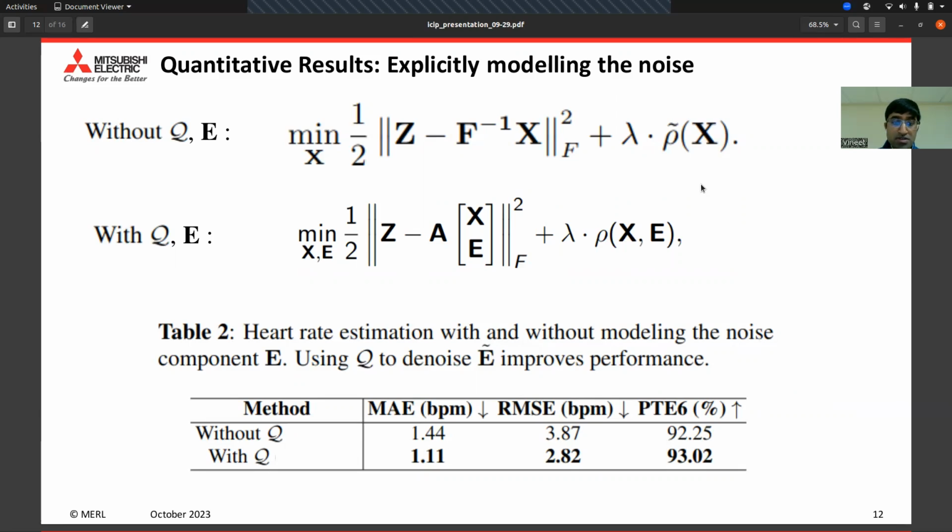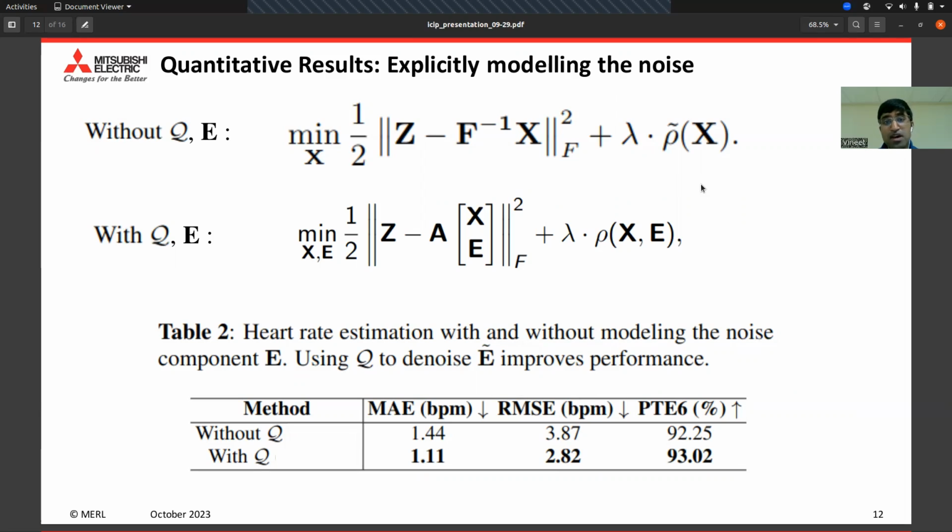Table 2 shows the results, and we see that when we do not model the noise specifically, our performance is worse in all 3 metrics of MAE, RMSE, and PTE6, while modeling the noise explicitly improves all metrics.